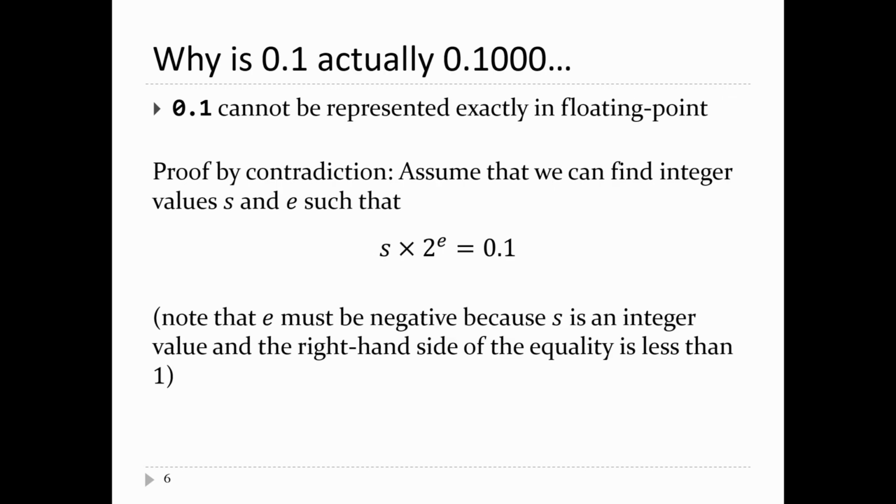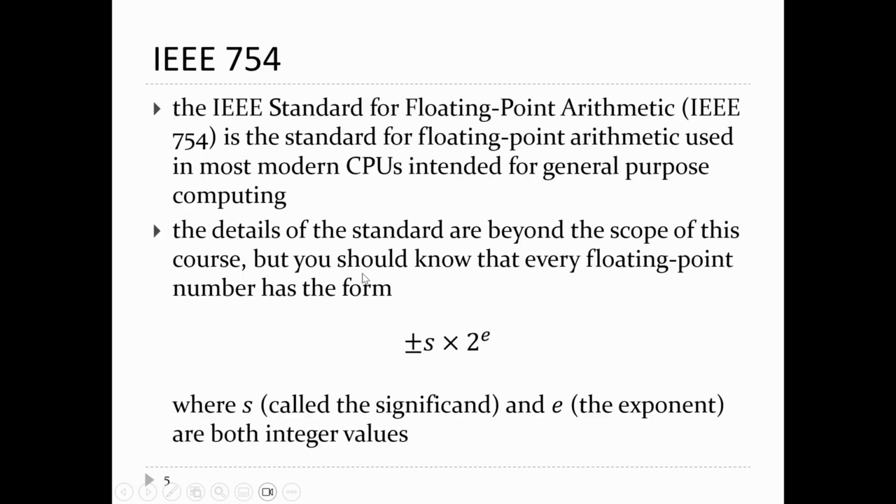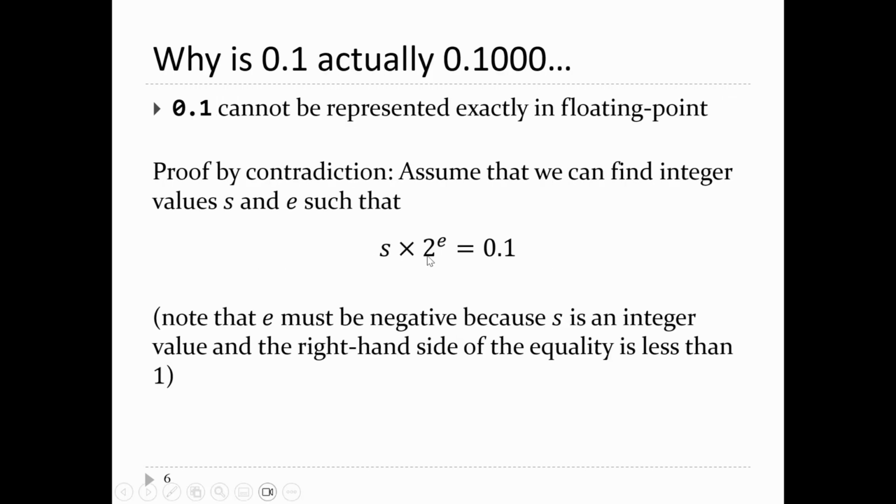So why can't you represent 0.1 exactly? It turns out it's because of the way the standard is defined. You can easily prove that 0.1 cannot be represented exactly as s times 2 to the e, and you do it by contradiction. You've all taken CISC 101 or 102 or some course where you've done mathematical proofs, so you should know what a proof by contradiction is by now.